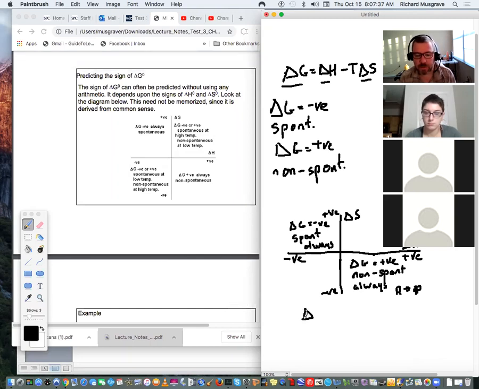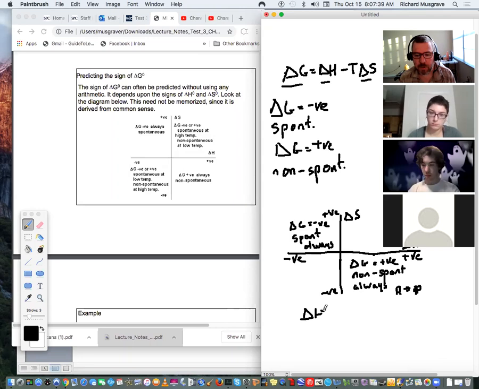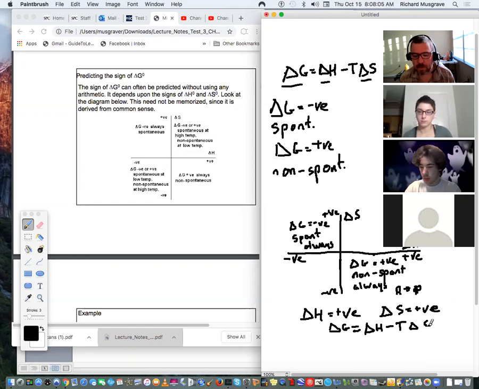So let's look at a situation now where delta H is going to be a positive value and delta S is also positive. So the enthalpy is not favorable, but the entropy is favorable. So what happens in this case? Let's take a look at the equation again. Delta G equals delta H minus T delta S. Now this one's not as clear as the other ones.